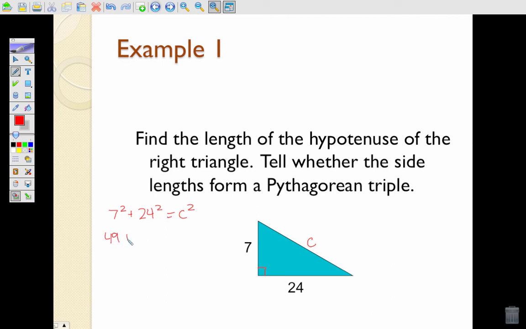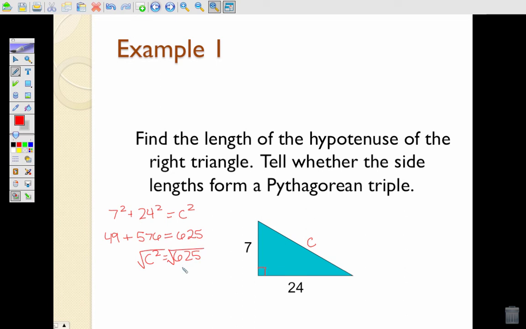Use your calculator if you need to, go ahead and multiply those. So 7 squared is 49, 24 squared is 576. Add that together, I get 625. So c squared is 625.